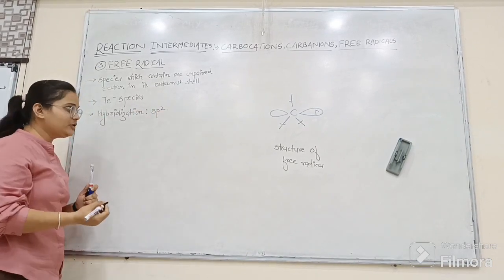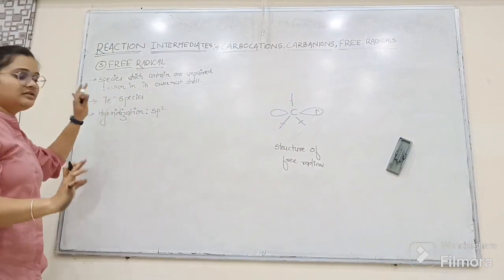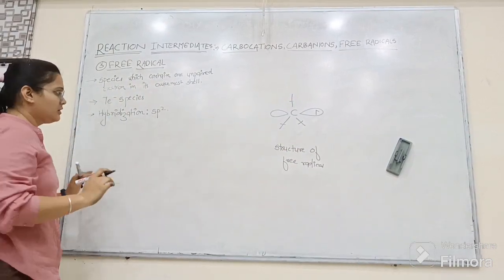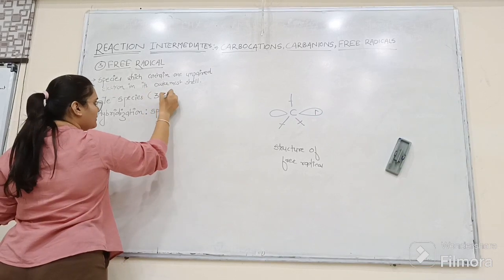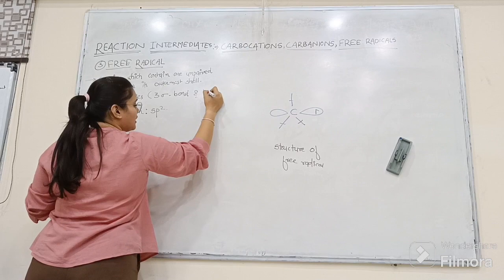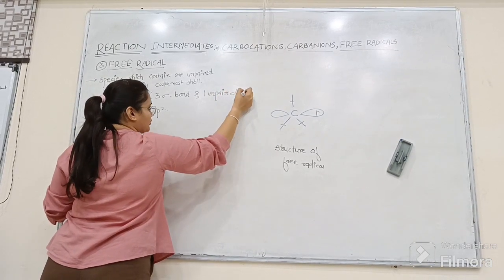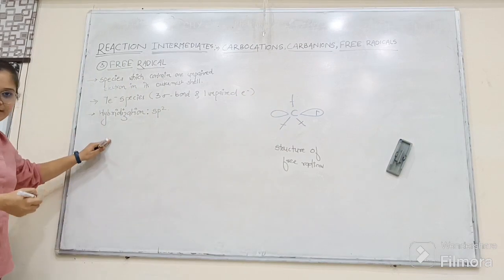Why sp2? Since it is forming 3 sigma bonds. We have calculated total electrons, that is 7: 3 sigma bonds and one unpaired electron. So this is about the hybridization.